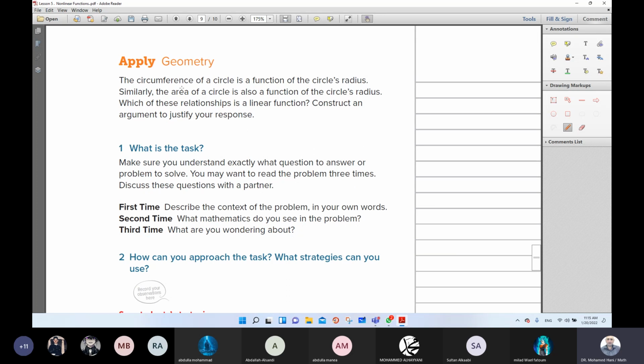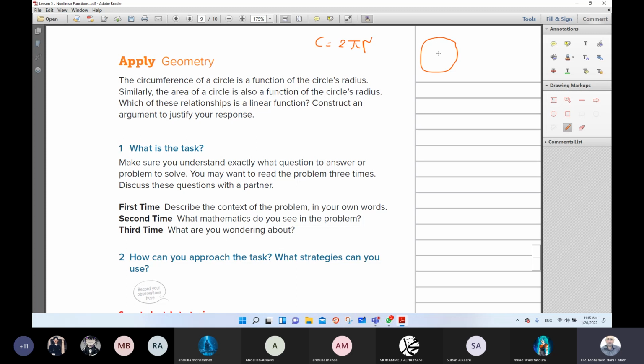The circumference of the circle. The circumference means the length of the frame of the circle. This line, the total of this line, this is the circumference of the circle. As you remember, the circumference is C equal 2 pi r. As you remember, r means the radius.